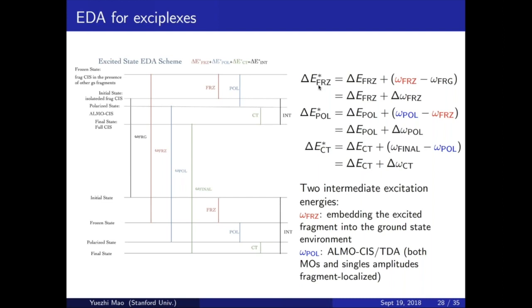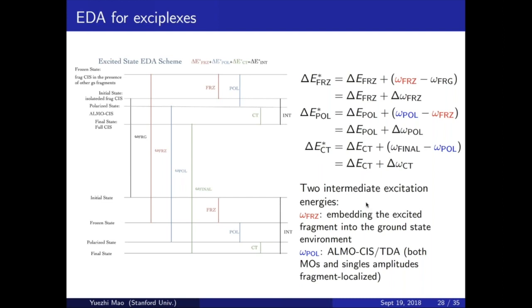For example, the excited frozen interaction can be calculated as the ground state frozen energy plus the shift caused by the frozen contribution in the excitation energy. This shift is defined by the frozen excitation energy minus the excitation energy of the isolated fragment. Similarly, we can define the polarization and the charge transfer contributions to the excited state interaction energies.